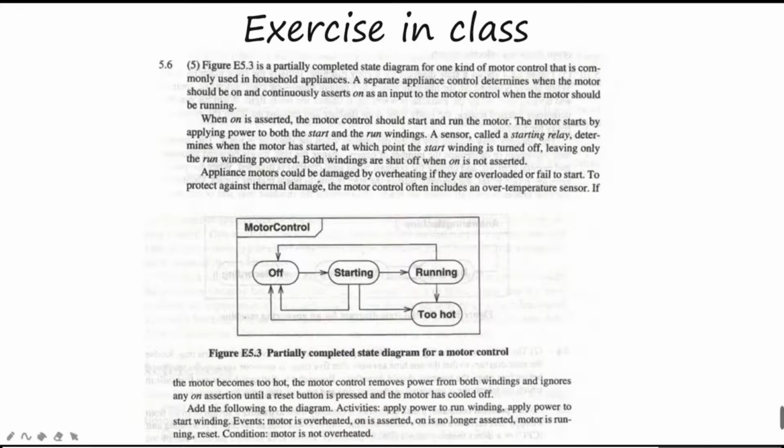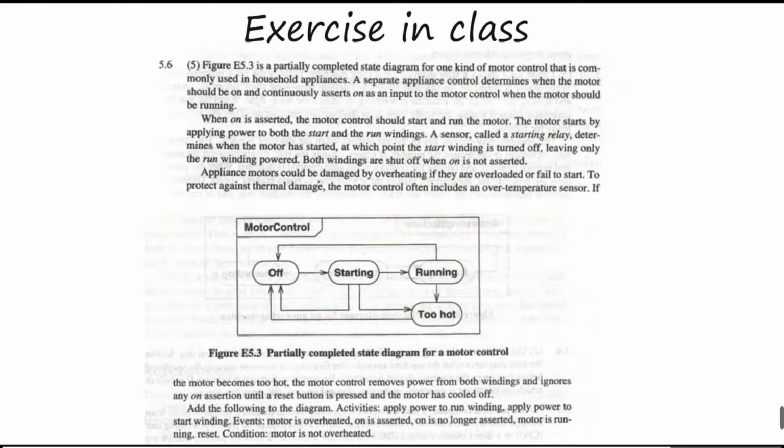It means that when the temperature is too hot, the power will be removed from both windings and it will ignore the signal on until a reset button is pressed. Whenever it is too hot, the on button will not take effect.